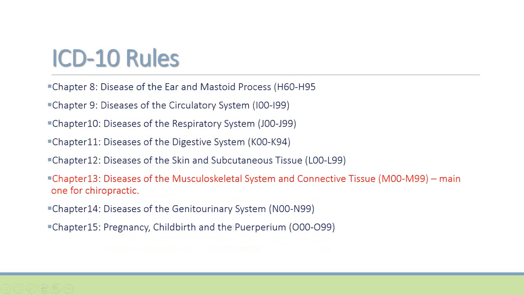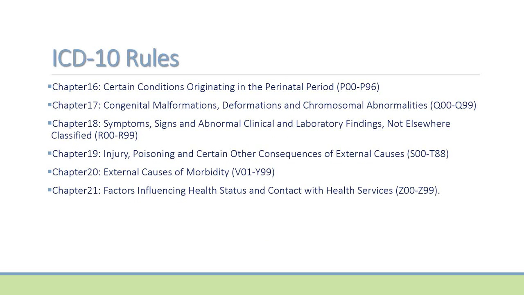But we're mainly going to be in that chapter 13, musculoskeletal system, the M codes, and then we're going to be in that chapter 20, external causes of morbidity, or the V codes. And I have some videos that I'm going to show you. It is absolutely ridiculous, the size of that chapter and all the external causes of morbidity that there are.